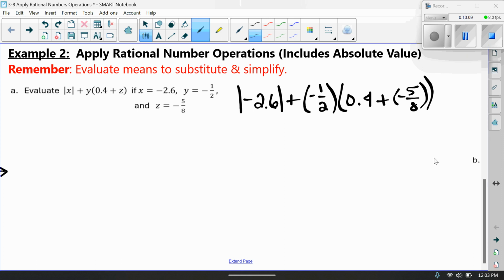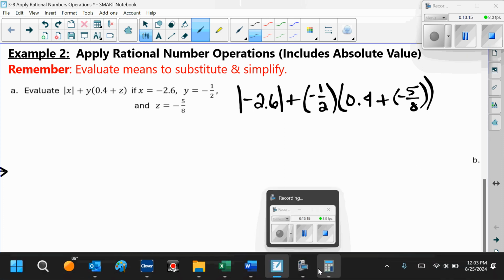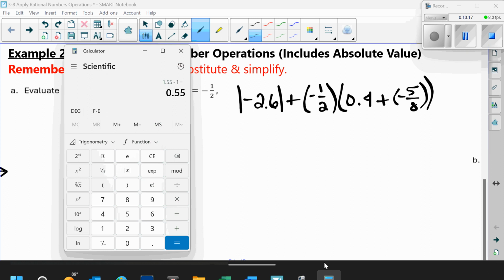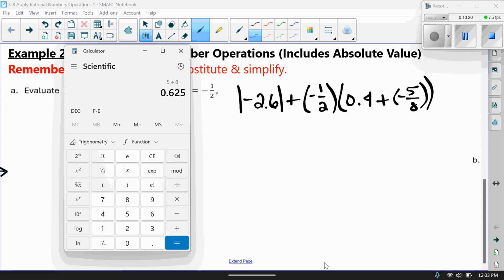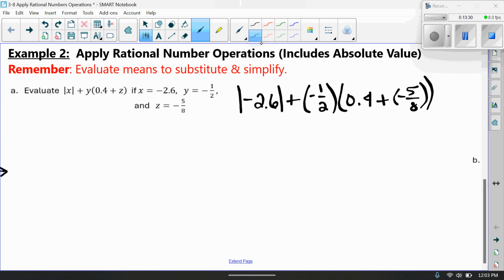So now we can simplify this, okay? Again, you can check your decimals. So 5/8, 5 divided by 8, that gives us a terminating decimal, and we know that 1/2 is going to be 0.5. So we can go ahead and change all of these to decimals.